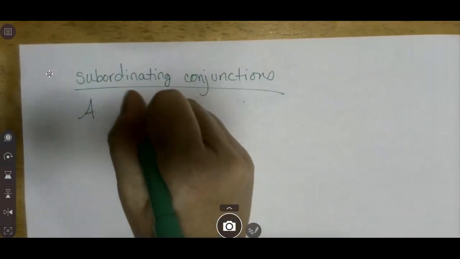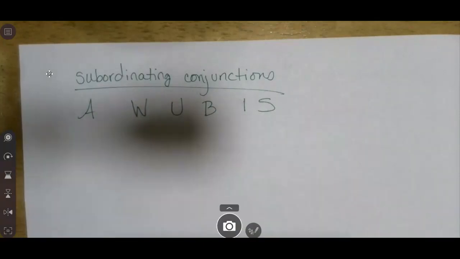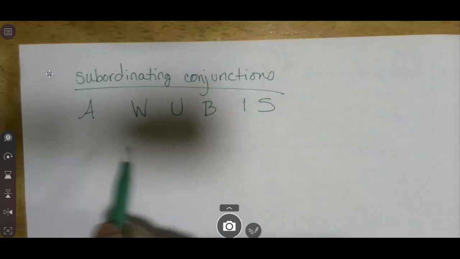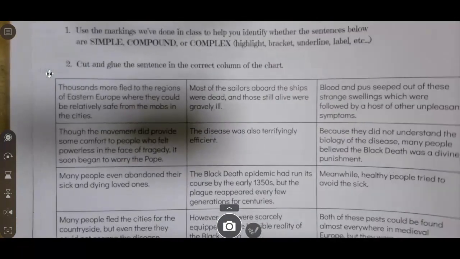We've got that mnemonic, AWUBIS, that can help us remember some of them, but there are more than that. We have some that start with a T and some that start with other letters. So brainstorm, and when you're done, get your notebook out and double check, add any to it that you might have forgotten. All right, and so then for your actual task, I'm going to show you what I would do.